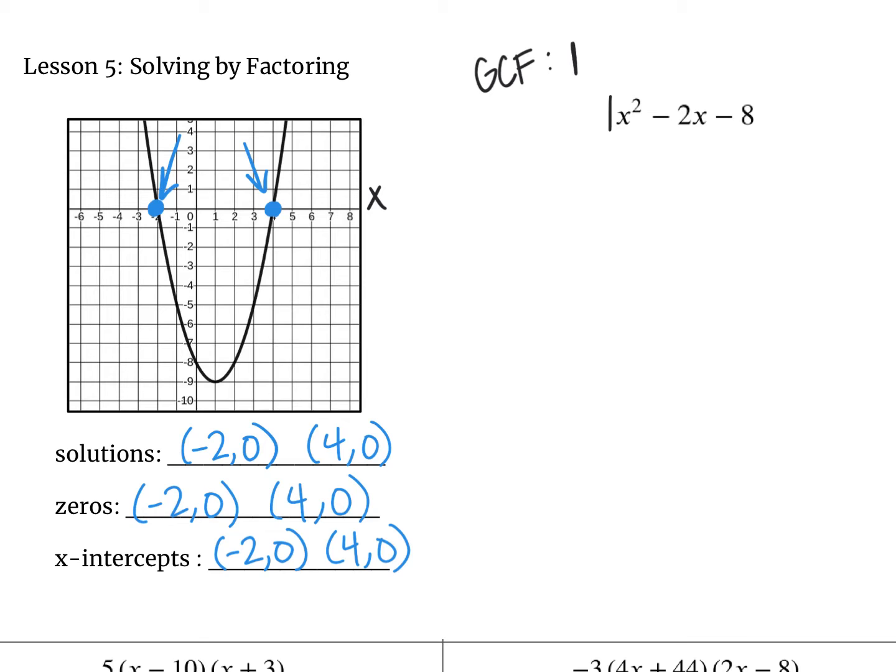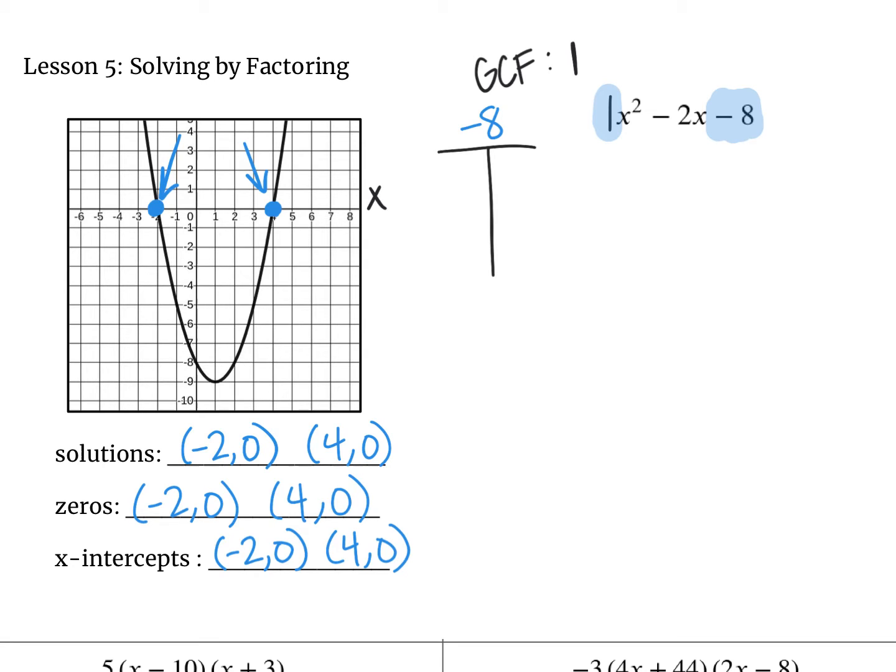Our next step is going to be to look at our a value and the c value, and we're going to multiply them together. So the a value here is 1. Your c value is -8. So we are going to multiply these two numbers together. 1 times -8 is -8.